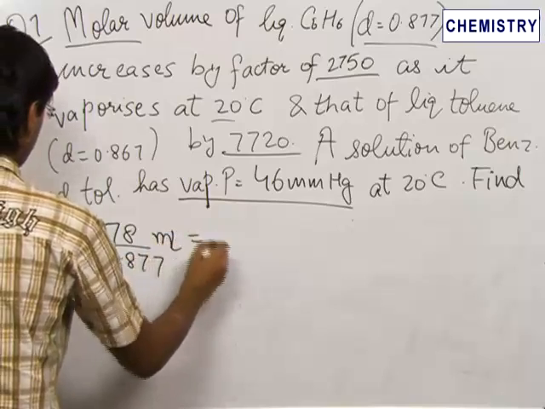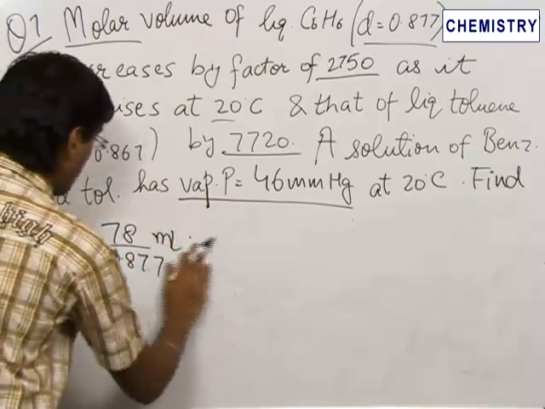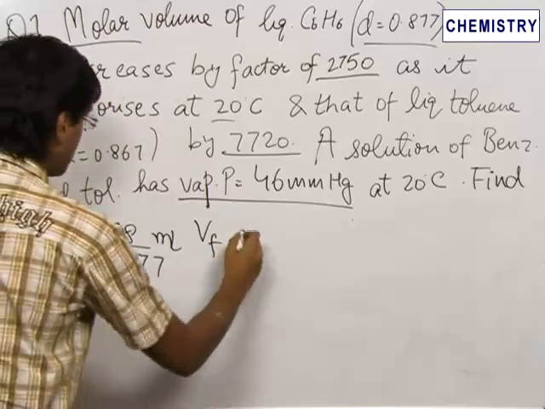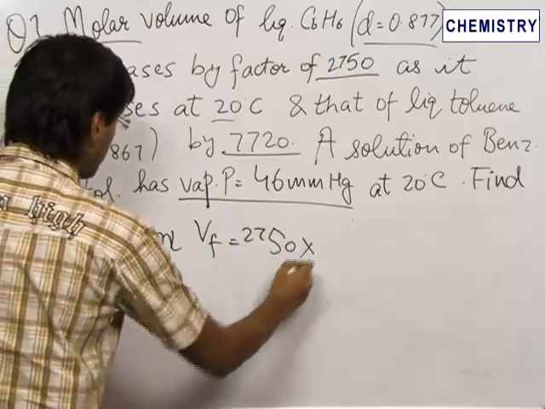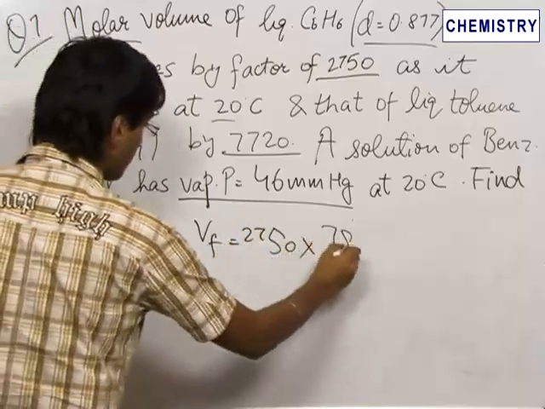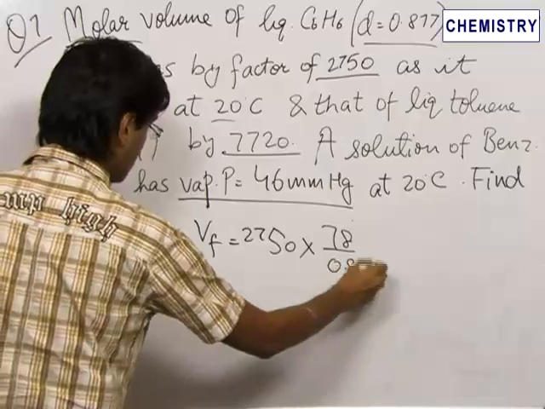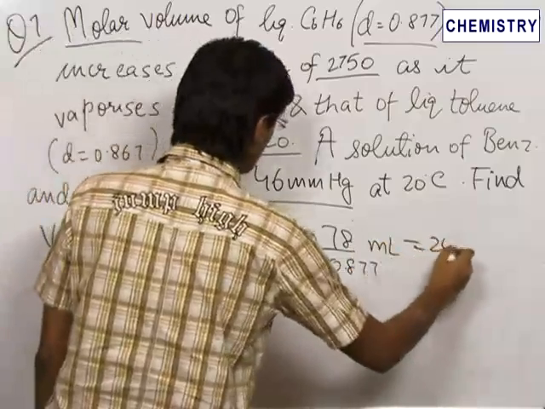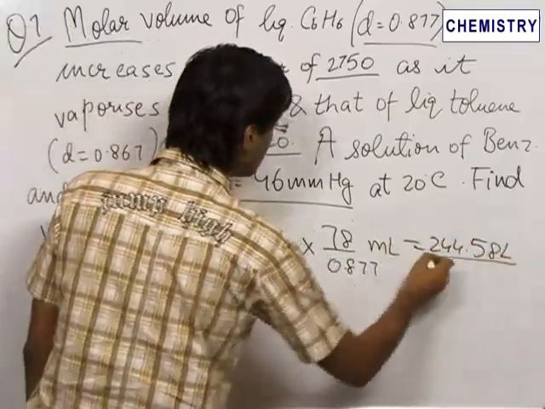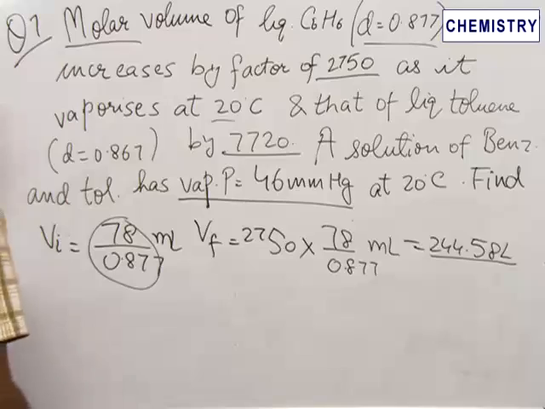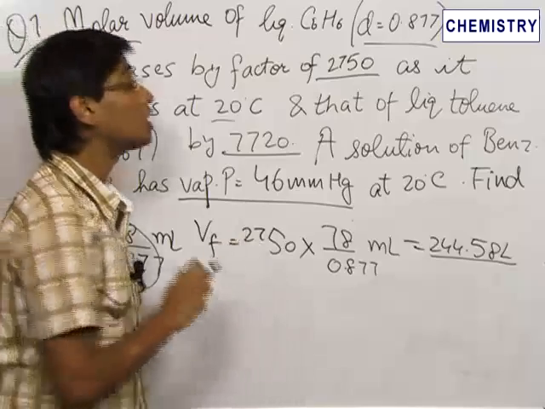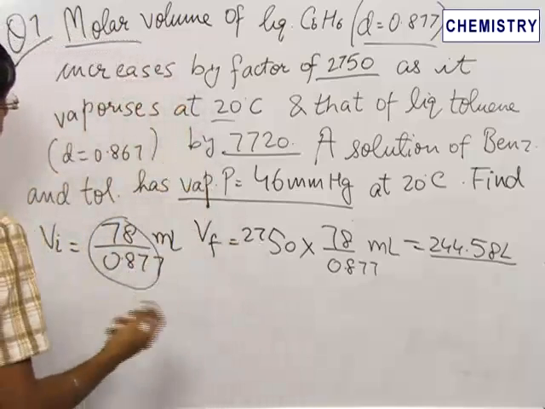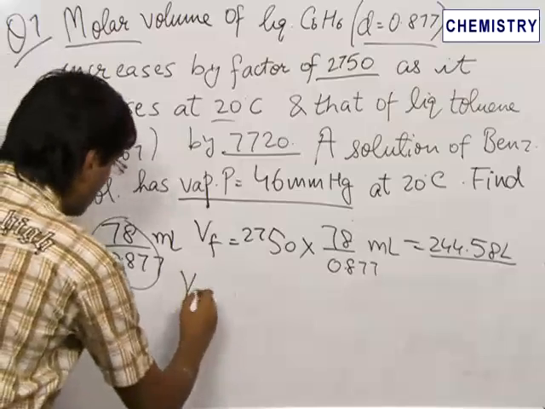This is in ml. So the new volume after the vaporization is 2750 times this, in ml, and this comes out to be equal to 244.58 liters. Similarly, the final volume of the vapor of toluene, when liquid toluene converts to vapor, is V final for toluene.